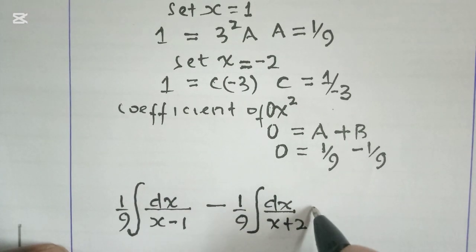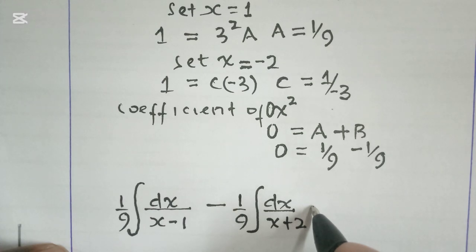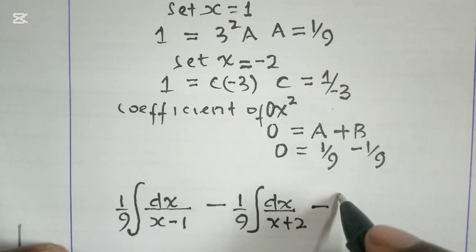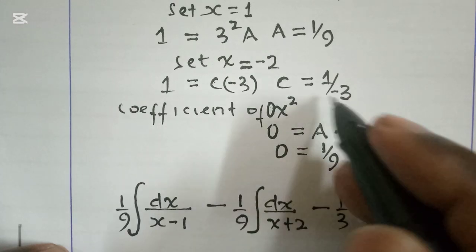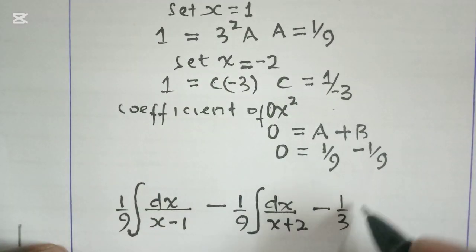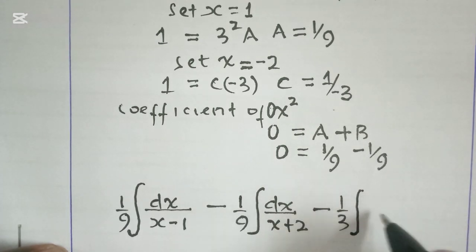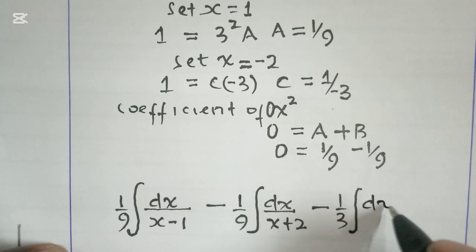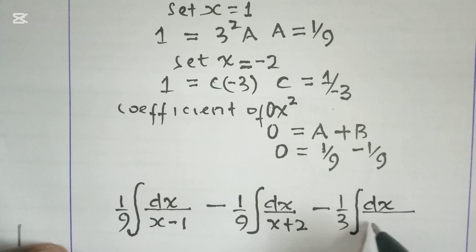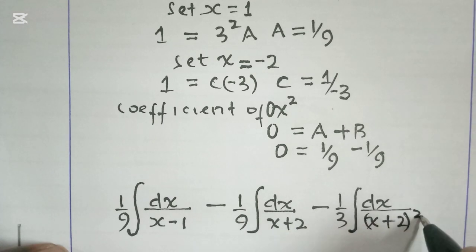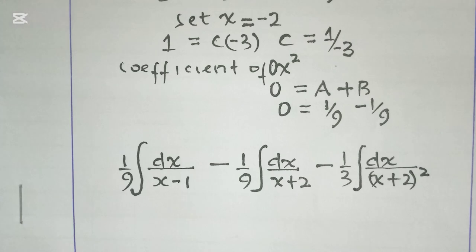Then we go to c. That will be plus, it's still negative. C is still negative. We have it here as negative. Integral of, this is dx, x plus 2 squared. And so we do that, guys.